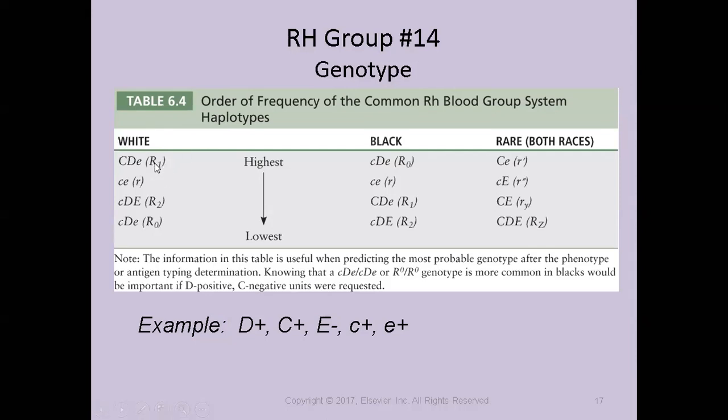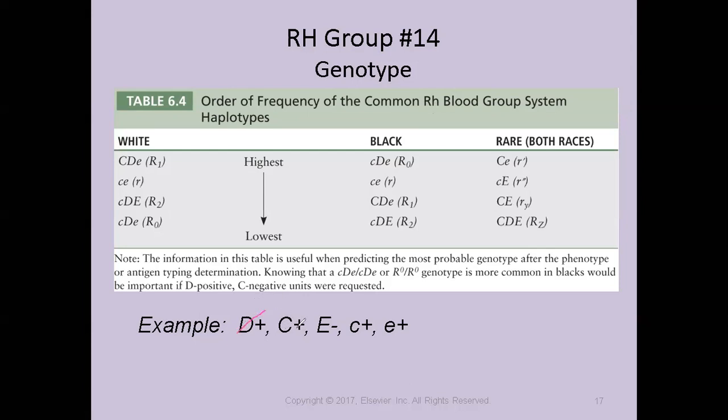And we want to see if the antigens that are present in big R1 fulfill what we got in our testing. So we got big D, and the big D is there. That's good. Here's what I do as I go: I'm going to cross off big D.